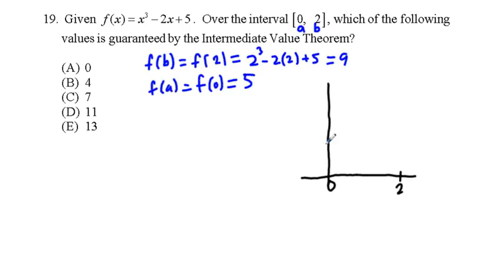At x equals 0, we have an output of 5, and at x equals 2, we have an output of 9, just marking those 2 points. For the Intermediate Value Theorem, we're going to have a k value somewhere between 5 and 9. Well, the only place that we see that answered is answer choice C.